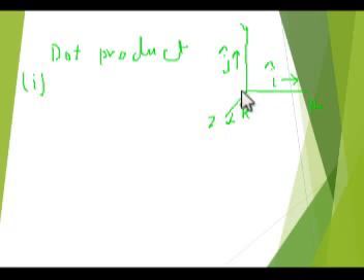So these three unit vectors are used to represent any vector in the three-dimensional Cartesian plane. So we need to know some properties when we go to the dot product of two vectors.